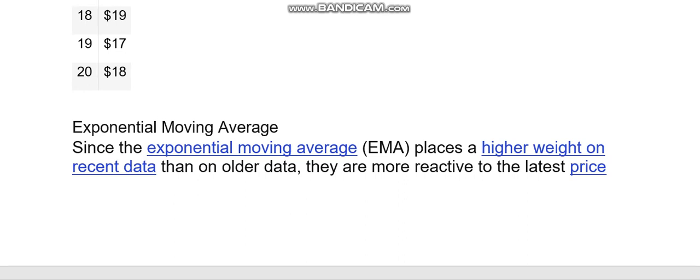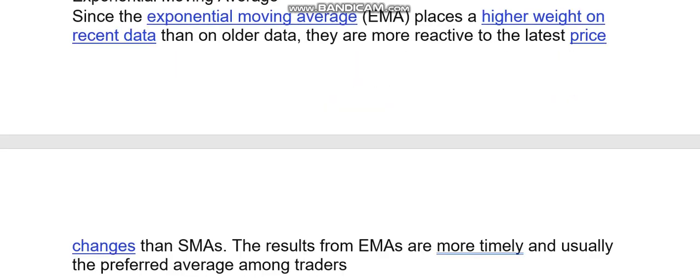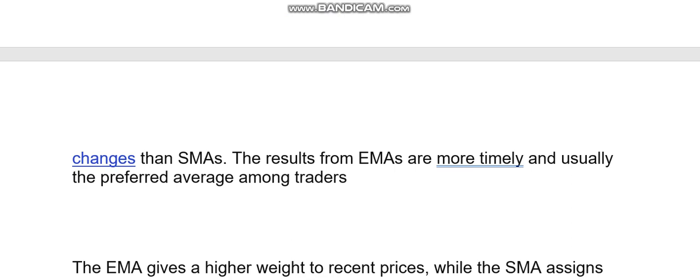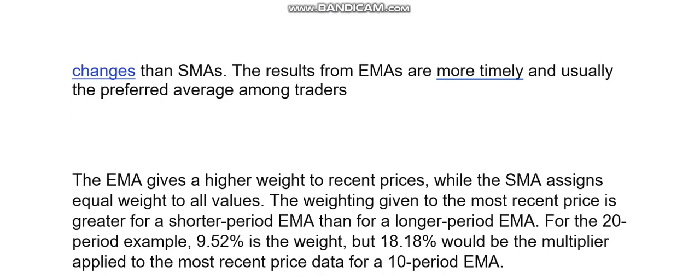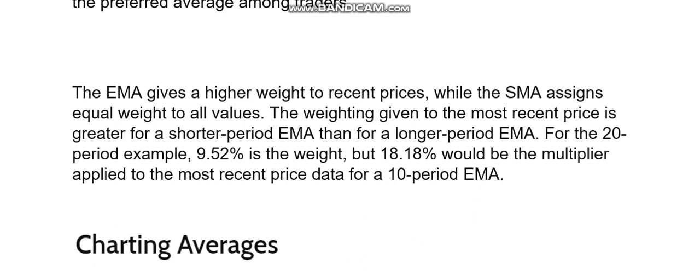Exponential moving average. Since the exponential moving average (EMA) places a higher weight on recent data than on older data, it is more reactive to the latest price changes than SMAs. The results from EMAs are more timely and usually the preferred average among traders. The EMA gives higher weight to recent prices while the SMA assigns equal weight to all values.